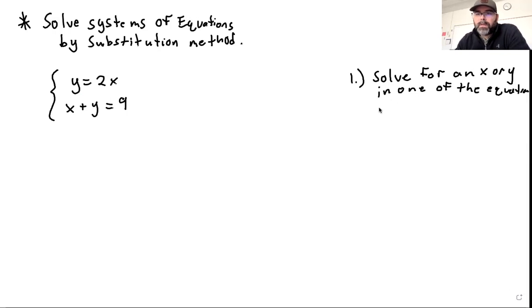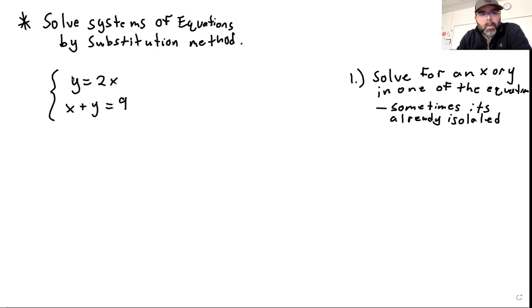Now, sometimes it's already done for you. It's already isolated, like it is in this system. So you can see here that my y is already isolated.